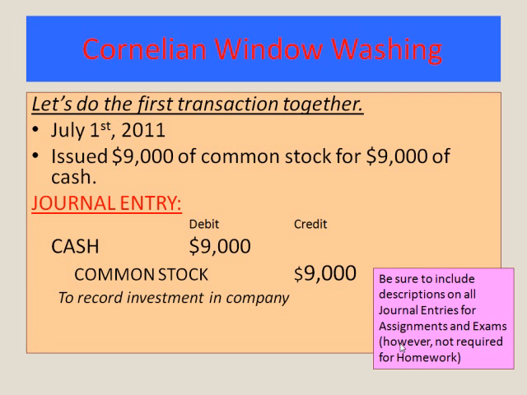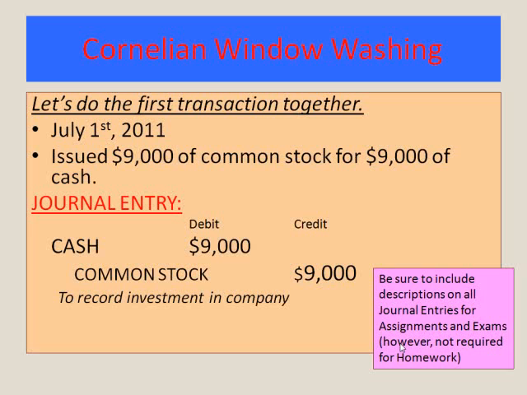This company was formed July 1st and by Brett Favre, and he invested $9,000 of common stock for $9,000 in cash. It's his own money. He is not getting a loan for this, but he's making his own investment. So turn to the journal entry page and let's log this first journal entry, July 1st, journal entry number 1.